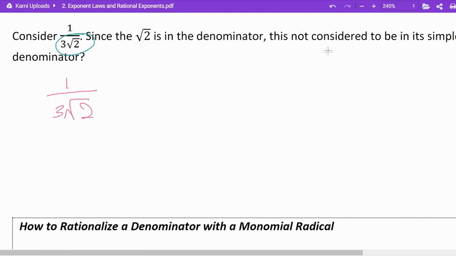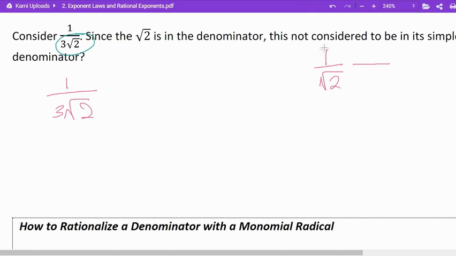And actually, I want to make it even easier. If I have 1 over root 2, what can I multiply the top, the numerator, and denominator by to get rid of the radical sign? Square root 2.